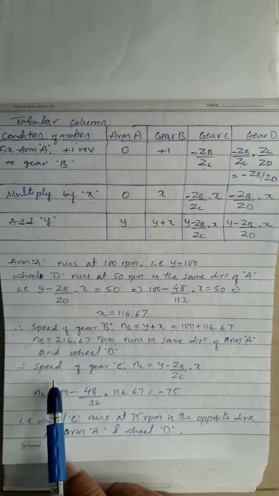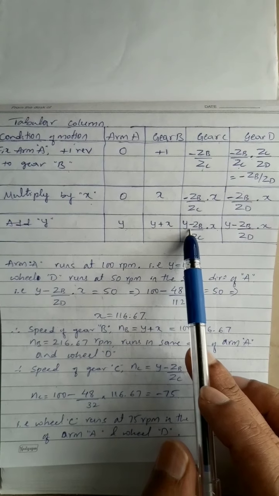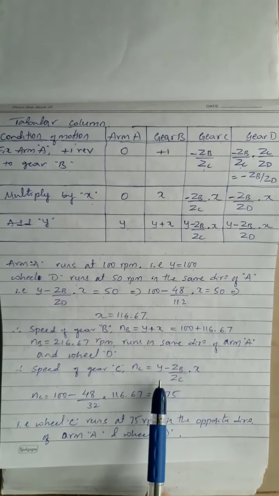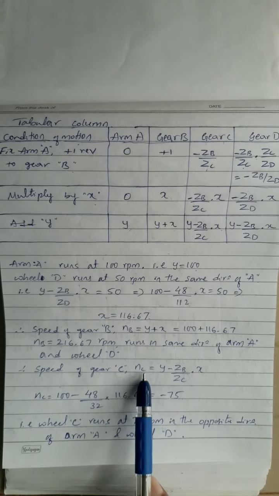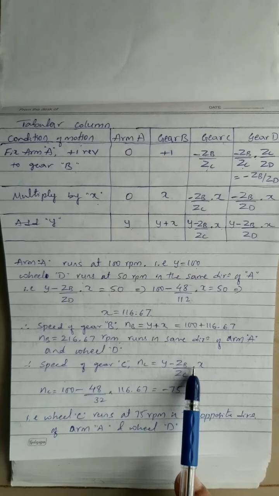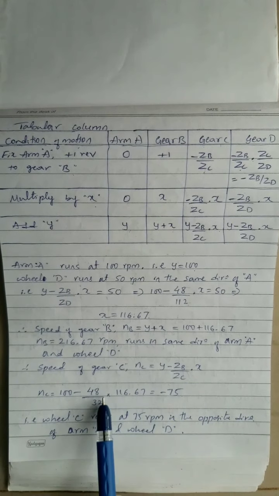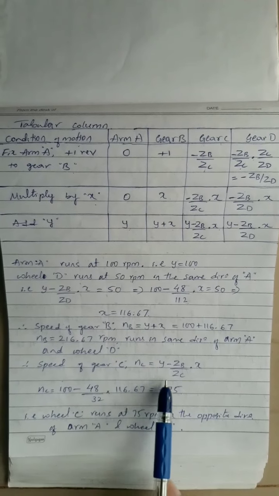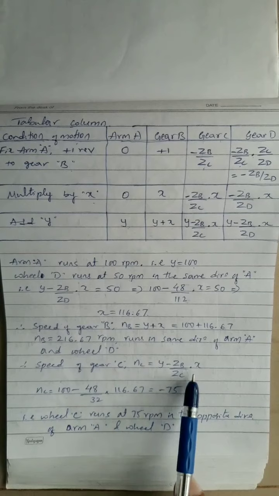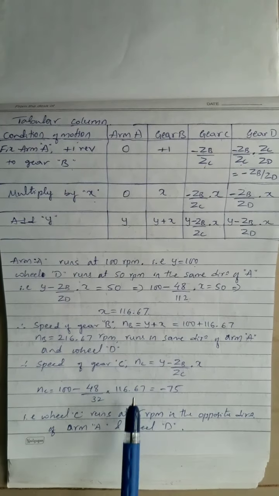Next, considering the speed of gear C, we have the equation y minus ZB by ZC into x. Substituting the parameters, y value as 100, ZB we have 48, and ZC we have calculated as 32, into x value 116.67.